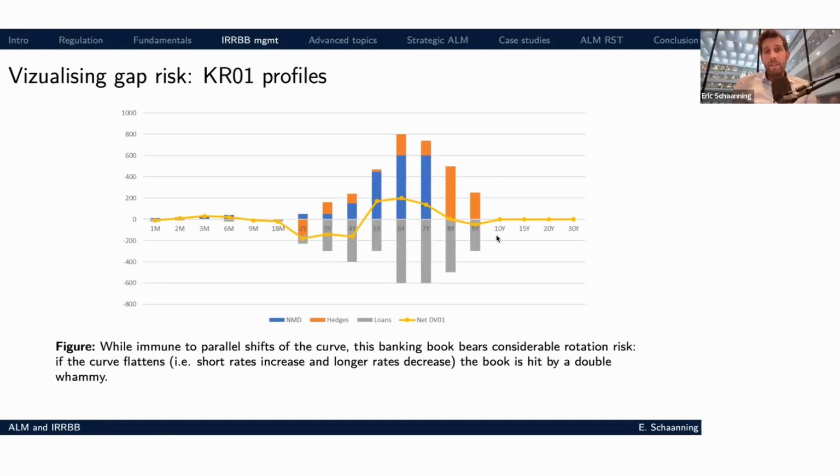So this then depends on your risk appetite. Let's say you're within risk appetite, then this would mean that the banking book takes a view that the yield curve is likely to steepen. So you expect that long-term rates will go up a little bit, and you expect that short-term rates will go down a little bit.